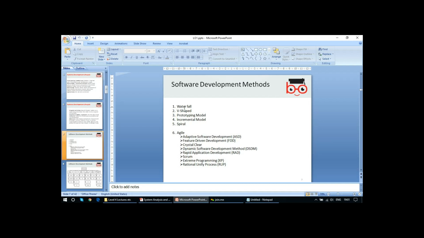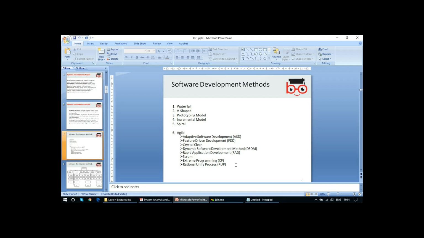Normally, they started with the waterfall, V-shape, prototyping model, incremental model, spiral model, and then a new terminology came in, a new school of thought, agile development, which introduced ASD, adaptive software development, feature driven development, Crystal Clear, dynamic software development methods, rapid application development, Scrum, extreme programming, rational unified process.